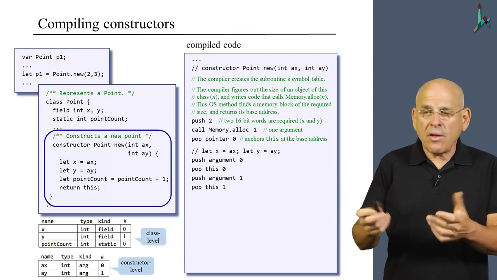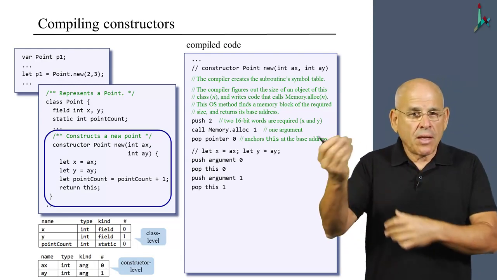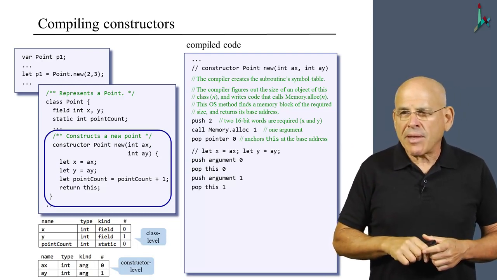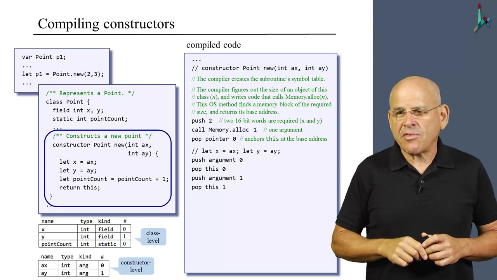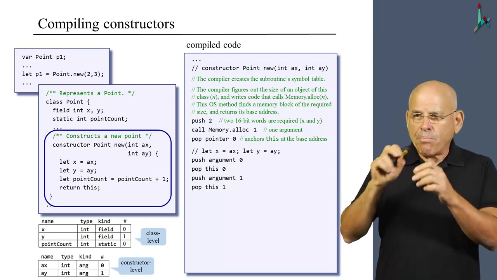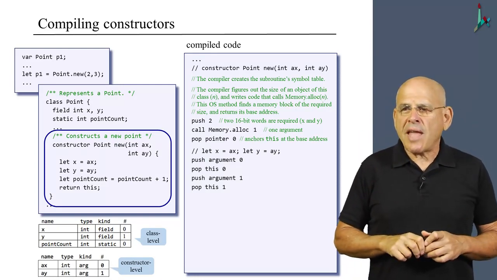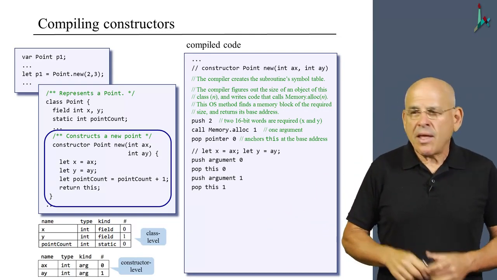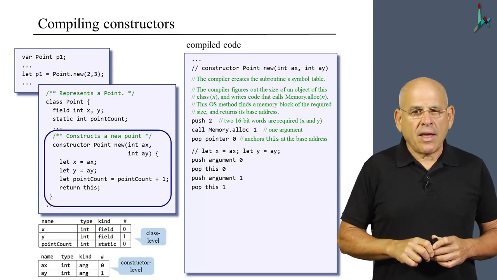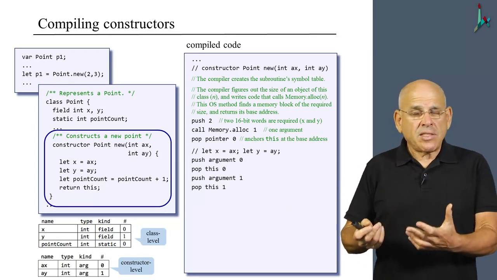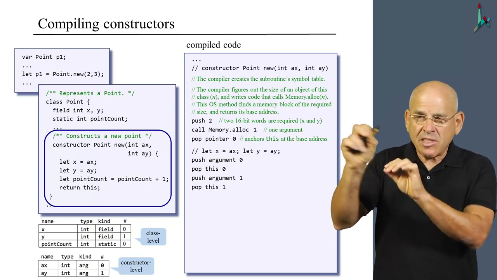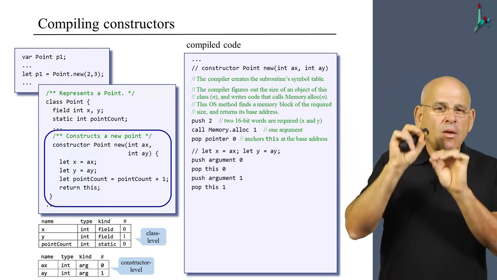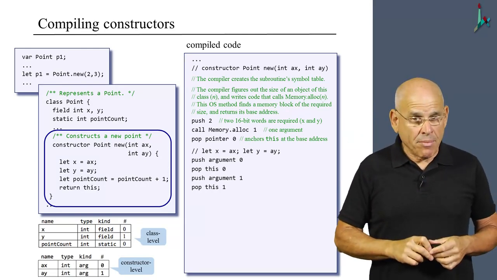So I generate code that pushes argument 0, because I look up ax in the symbol table and I see that ax stands for argument 0. So I push it on the stack, and then I unload it, or pop it, into this 0. And then I do the same with ay and y. And by doing this, I'm going to manipulate this 0 and this 1, and because I took care to anchor them correctly, I'm going to manipulate the right area on the RAM.